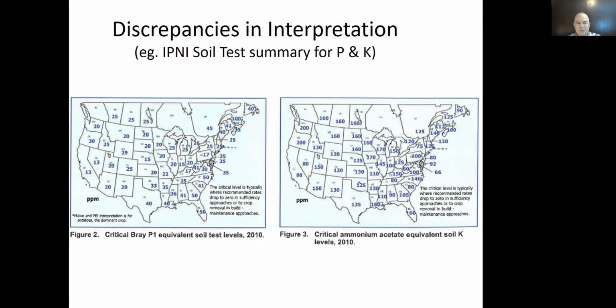What this is looking at is the critical Bray phosphorus. Bray P1 is one type of phosphorus extractant. I'll talk about that more in a minute. But what you're seeing here is that states don't always agree. These state extension agencies don't always agree on what the critical level is, where we should stop putting on phosphorus.